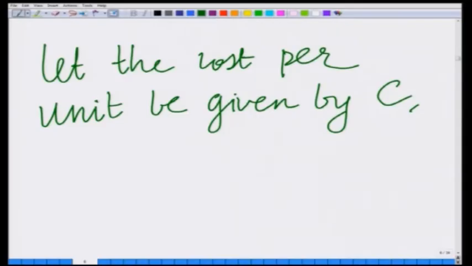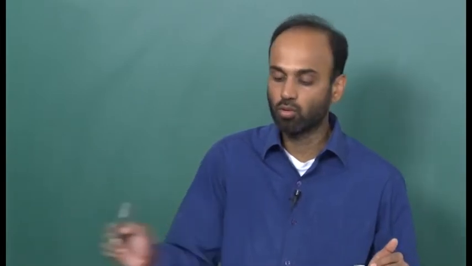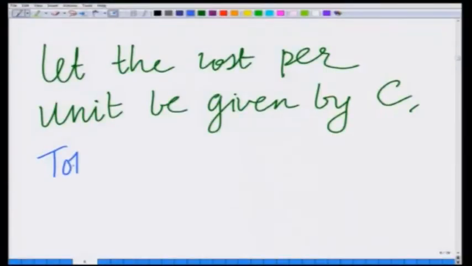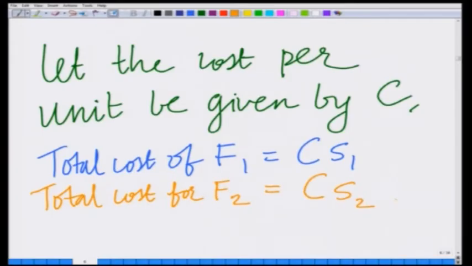So, the cost per unit produced is given by C. So, the total cost of firm 1, since firm 1 is producing S1 units, is C times S1, and the total cost for F2, since firm 2 is producing S2 units, equals C times S2.